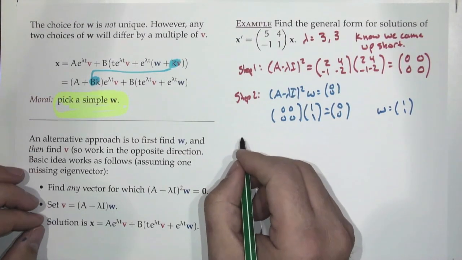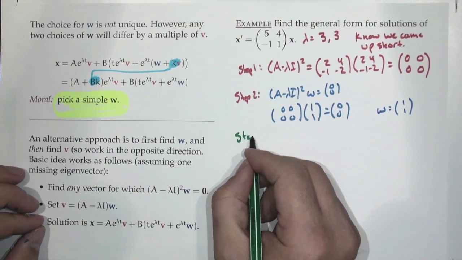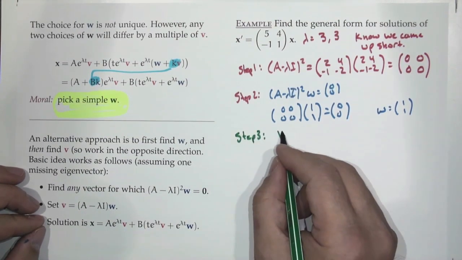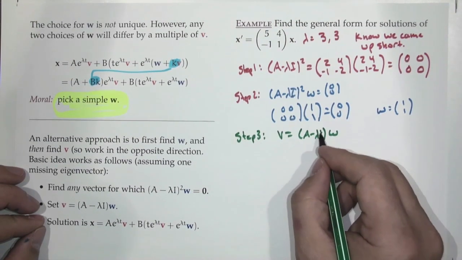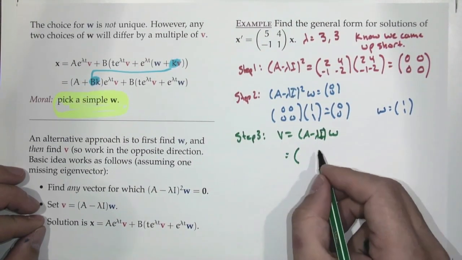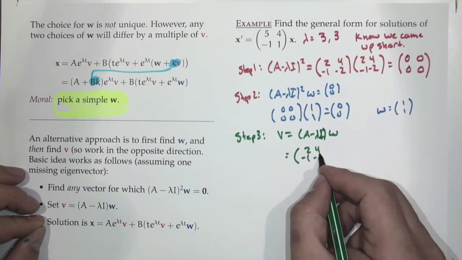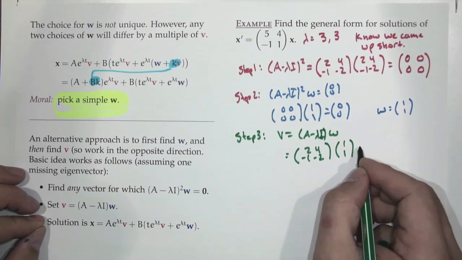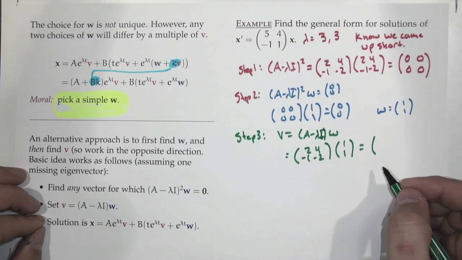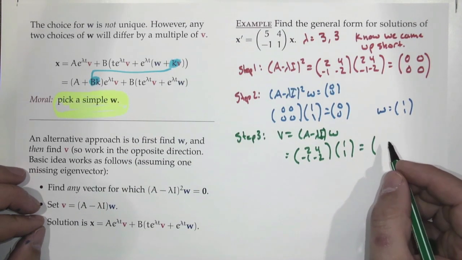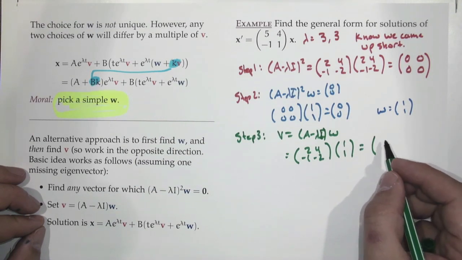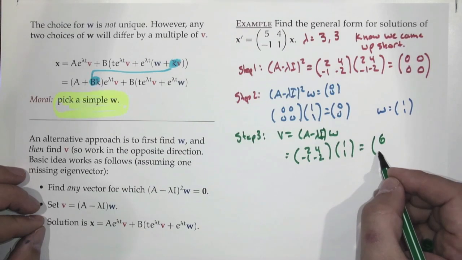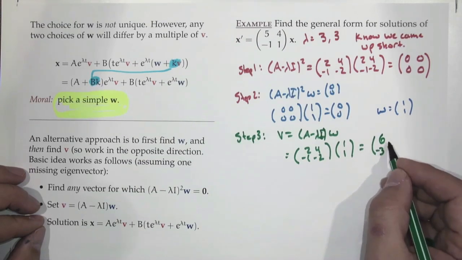So the next thing is we've got to find our v. Well, how do we do that? We take (A minus lambda I) times w. Oops, capital I. So that would be [2, 4; minus 1, minus 2] times (1, 1). What is that vector? (6, negative 3).